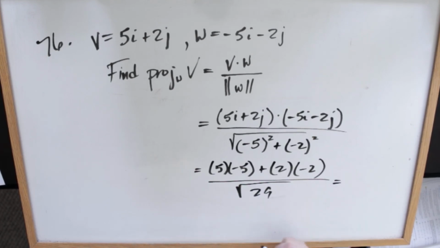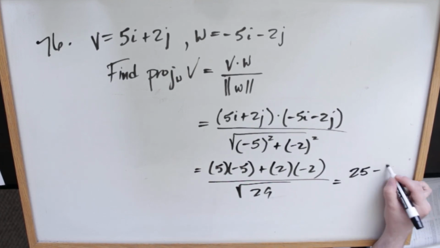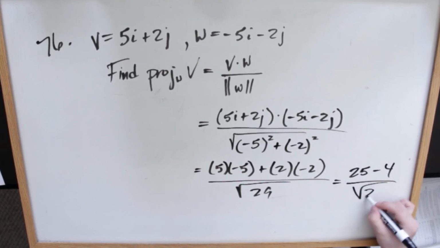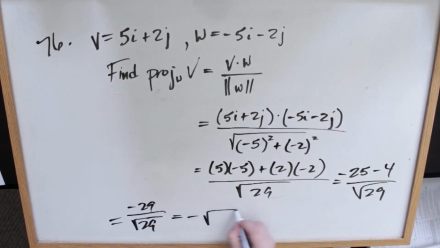So now we've got minus 25 minus 4, which is minus 29, over root 29. And if you rationalize this, you'll find that this is going to be minus root 29.